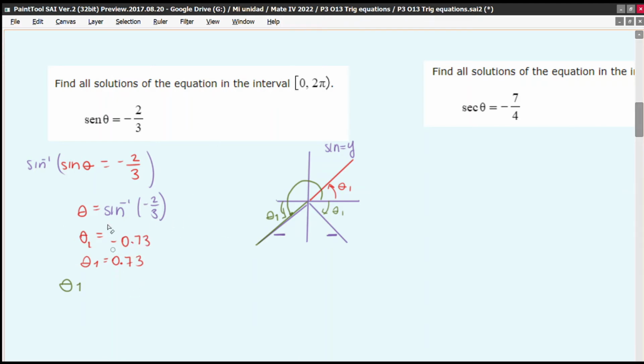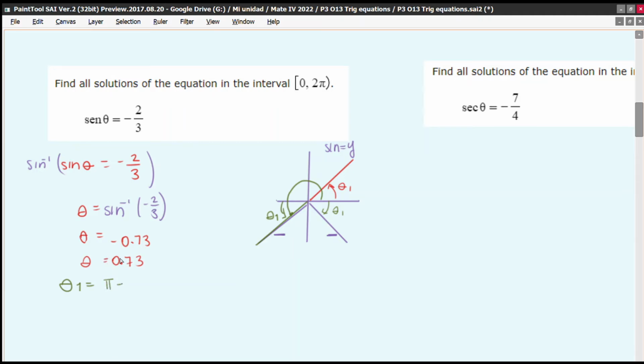Well, that means my actual first solution, to make emphasis in this, I'm going to erase this one because this is not my real first solution. So now my actual first real solution is the solution that lies in my third quadrant, and this is pi, that is a half spin plus the reference angle.